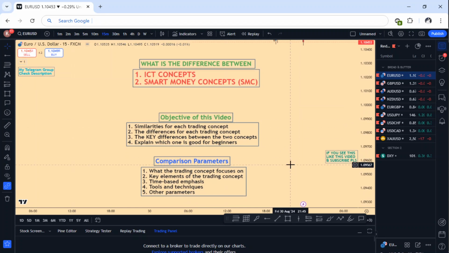Now the comparison parameters between these two trading styles are going to cover the trading concepts areas that they focus. Number two, we are going to cover the key elements of the trading concept. We are going to check their time-based emphasis, tools and techniques, and then we look at other parameters.